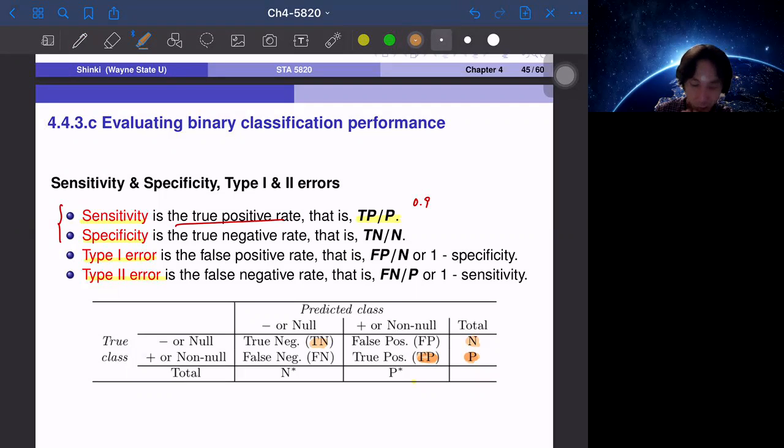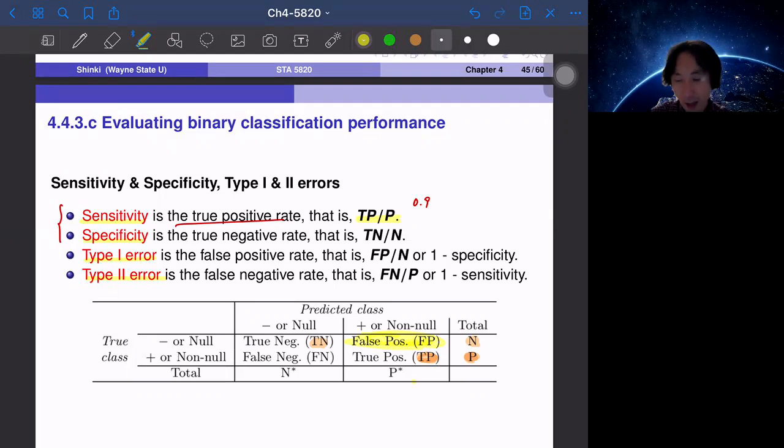Sensitivity is usually important because we don't want to miss any malignant cases, so it should be high, such as 0.9. Specificity depends on the cost of a false positive. If a false positive isn't really costly, then it's fine. For example, in the case of COVID, maybe you have to quarantine for 2 more weeks.